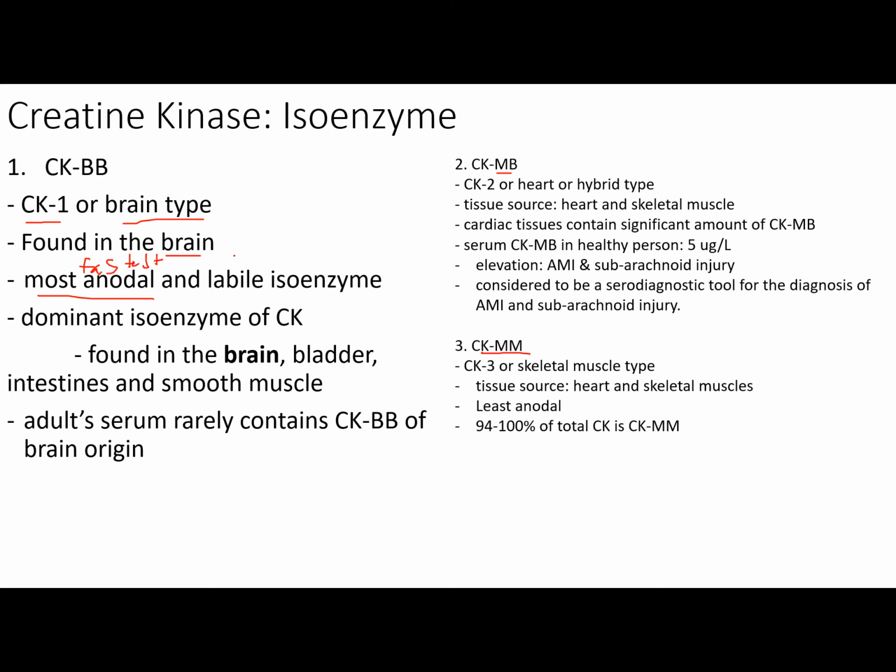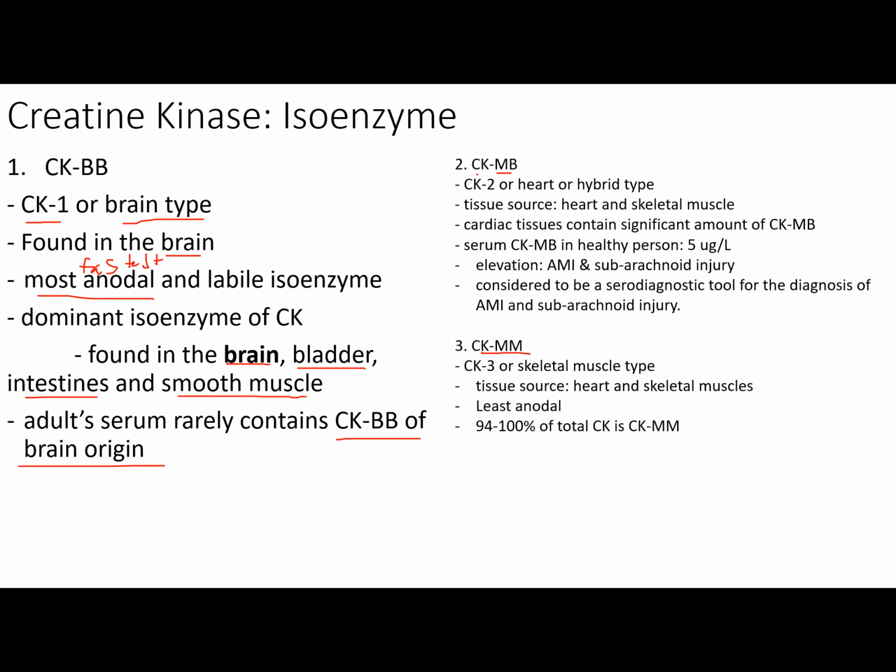And it is the most heat-labile isoenzyme. Now, this is the dominant isoenzyme of CK found in the brain, the bladder, intestines, and smooth muscle. Adult serum rarely contains CKBB of brain origin.